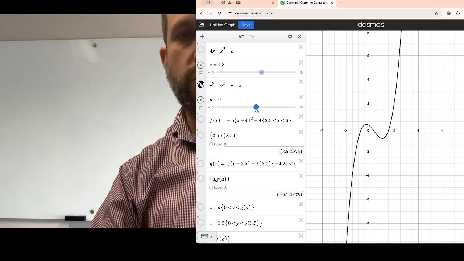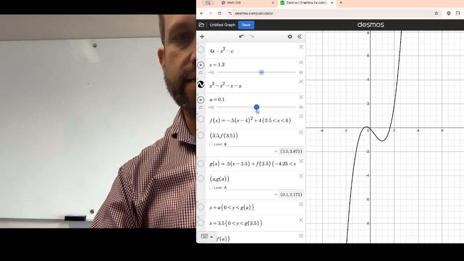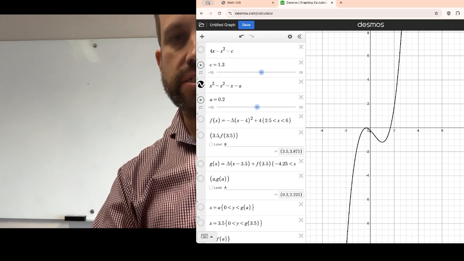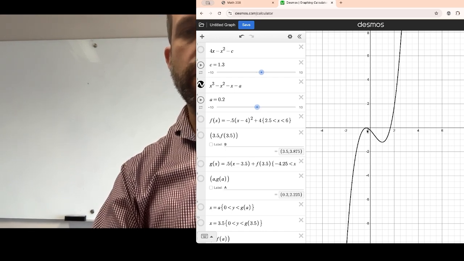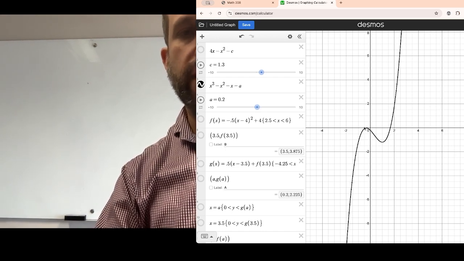Okay, when we get it so that it is just touching the x-axis here, what this means is we're going to have a double root. We've got a double root here and just a single root here.